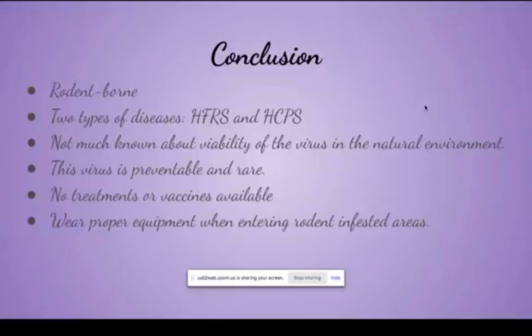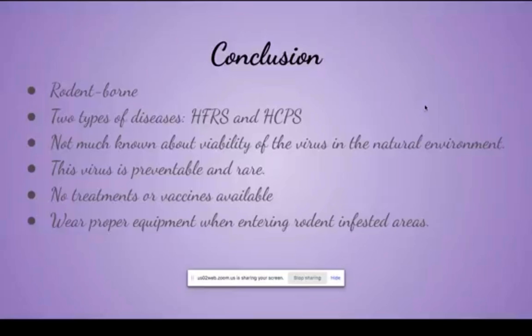Not much is known about this virus in its natural environment or how long its viability is. This virus is very preventable and it's rare, especially in the Americas. So there is no treatment for this virus, such as vaccines or anything else.